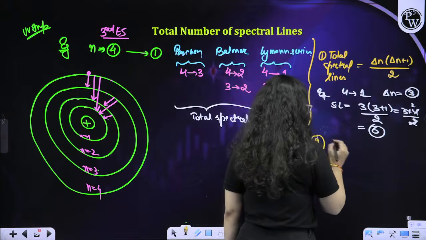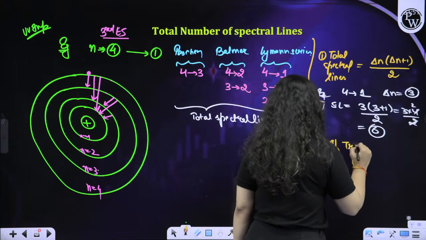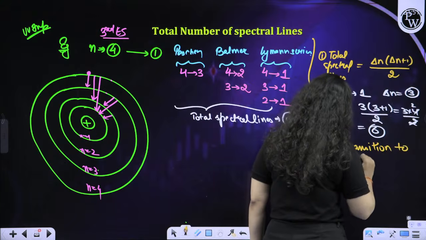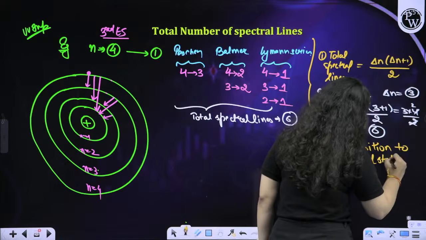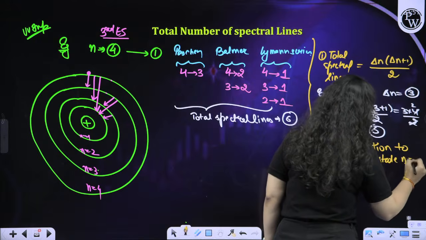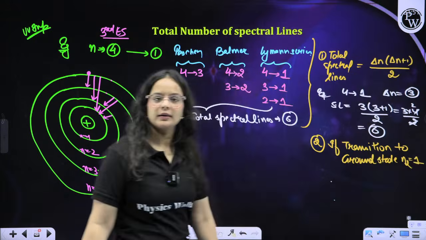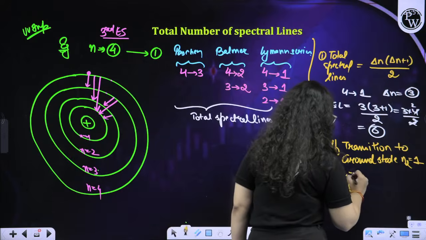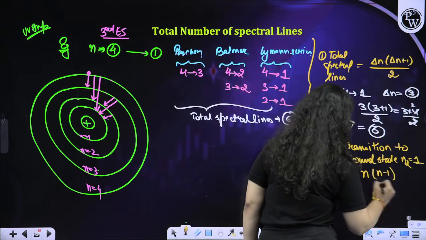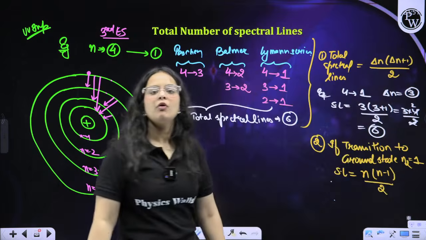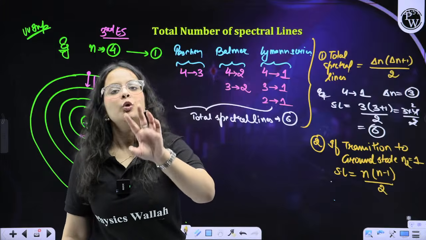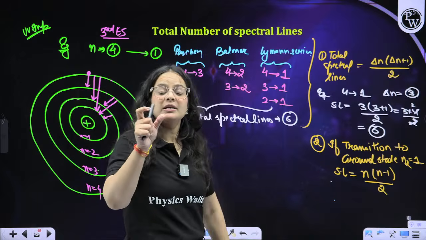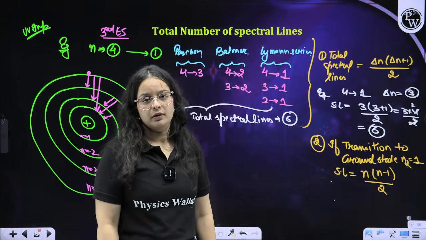The second method: if the transition occurs to the ground state, that means you are confirming that n1 is 1 only. Here you can simply use the formula spectral lines equal to n into n minus 1 upon 2. In delta n you have already taken n2 minus n1, where the lower value is 1.